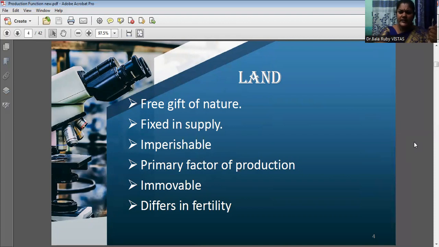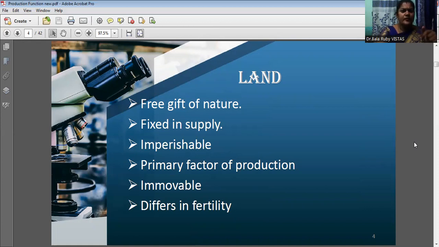Then it is considered a primary factor of production. How is it a primary factor of production? Because without land, we cannot produce any product. It may be a capital good, or a consumer good, or any perishable product also. Without the help of land, we cannot produce any product.